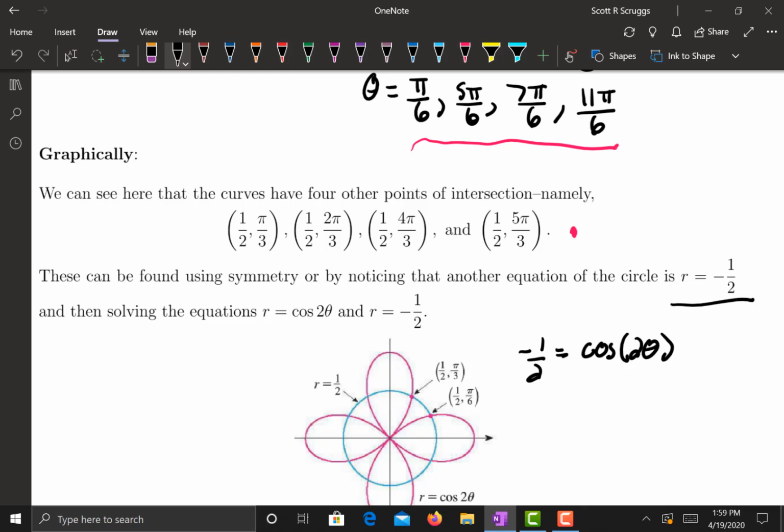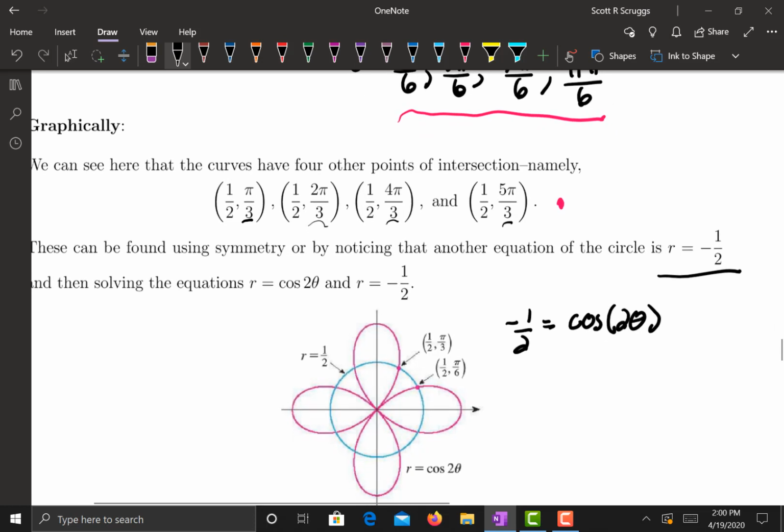And now, because I am at a negative value, I'm going to have to do my methods there. And I claim when you solve for theta, you will get the -1/2 that we're looking for. So let's determine that. So cosine of 2 theta equals -1/2. Well, -1/2 means I'll have 2 pi over 3.